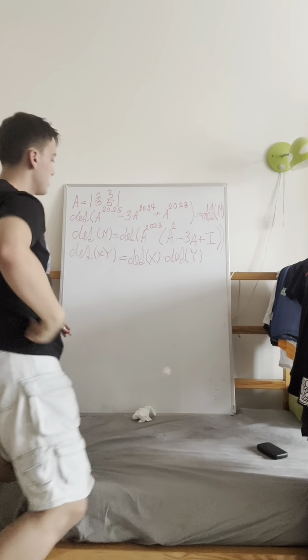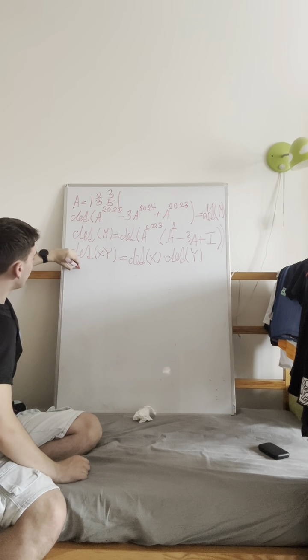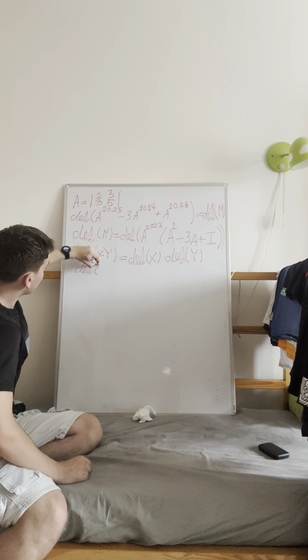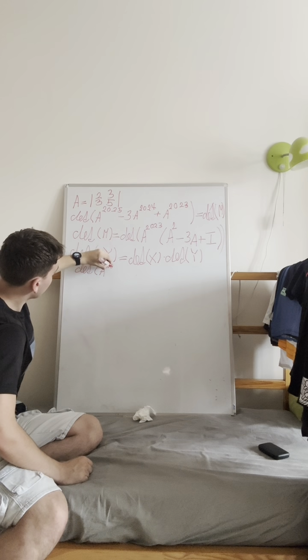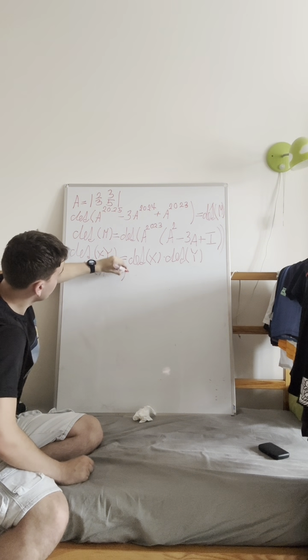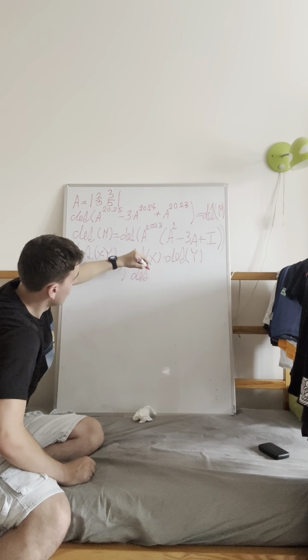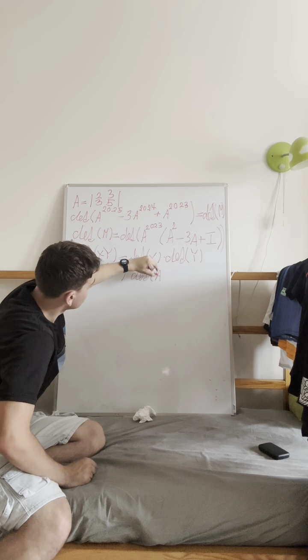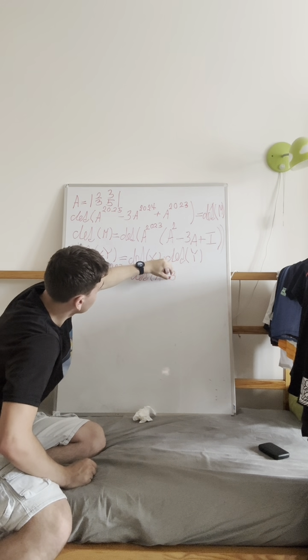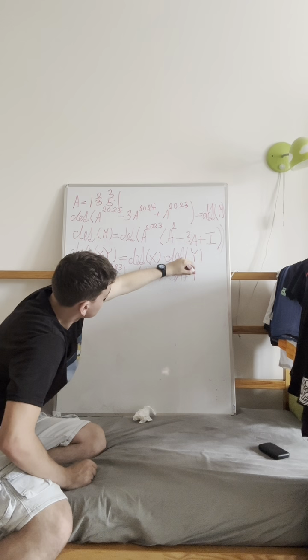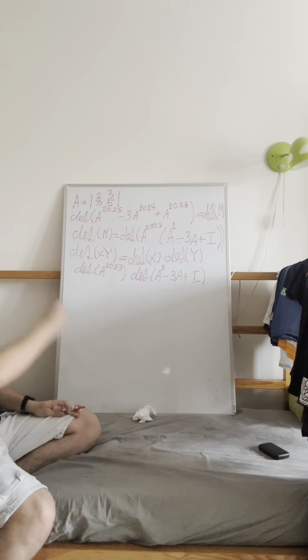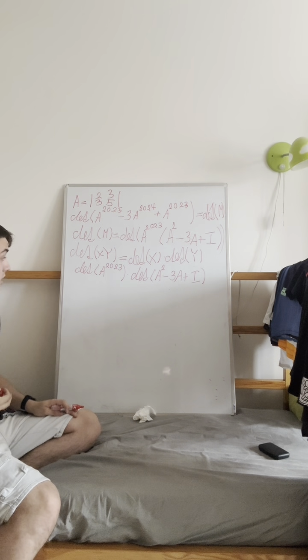So we can split it like this: the determinant of A to the 2023 times the determinant of A squared minus 3A plus the identity matrix. Now we have broken the problem into two easier parts.